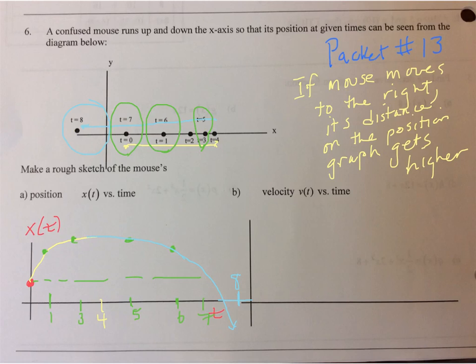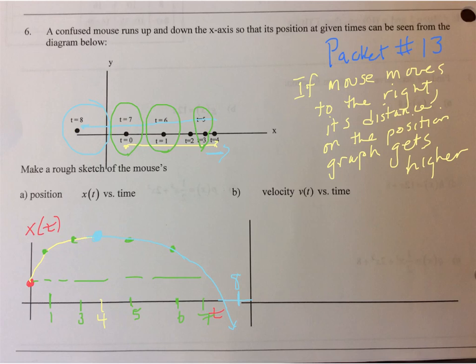So that happens somewhere between 7 and 8. Other things you ought to notice is that at 4, it is the farthest to the right on the original curve. So since it's farthest to the right, it should be at the highest point on the position curve.